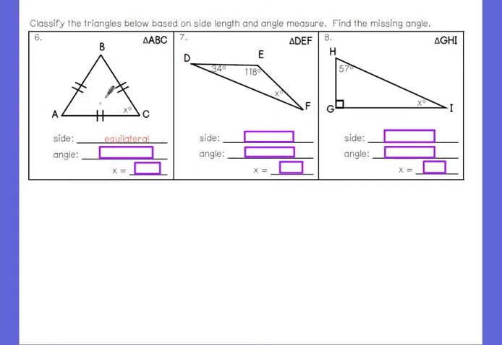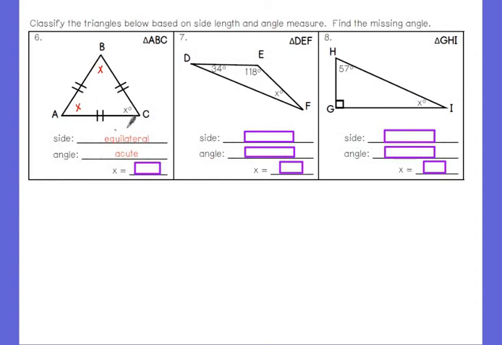Anytime you have an equilateral, you're never going to have an angle bigger than an acute angle. So that means this triangle is going to be an acute triangle. And if you have an equilateral triangle, that means all 3 angles are going to be equal.